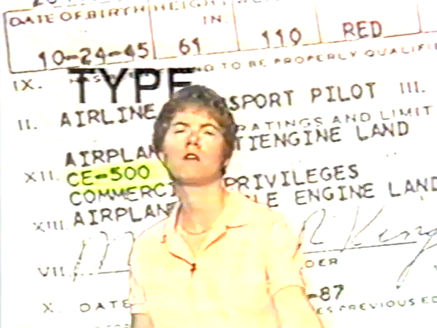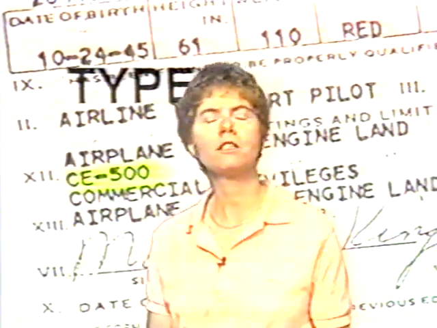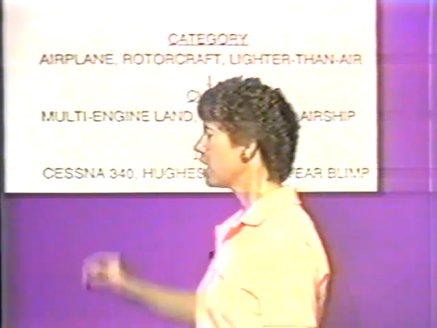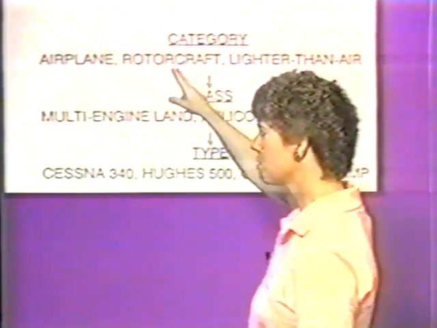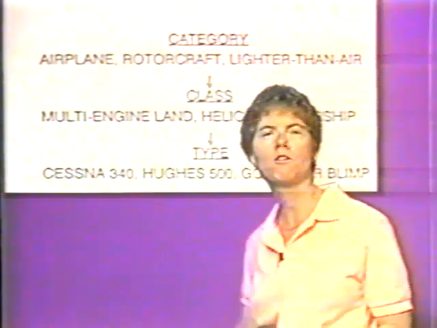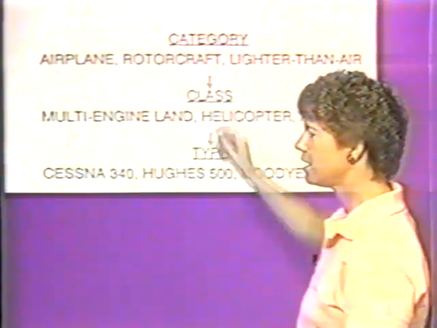But to kind of recap the progression from category to class to type, here's what it looks like. You start off with all aircraft, and then you break it down into categories. You've got the categories of airplane, rotorcraft, lighter than air, and we don't include it here, but you've also got the category of gliders. Under categories, you subdivide into classes.